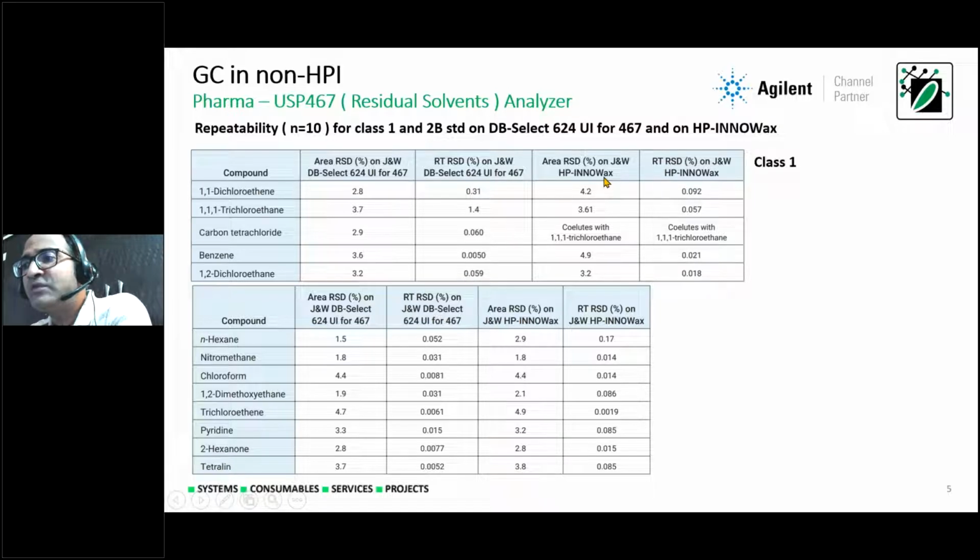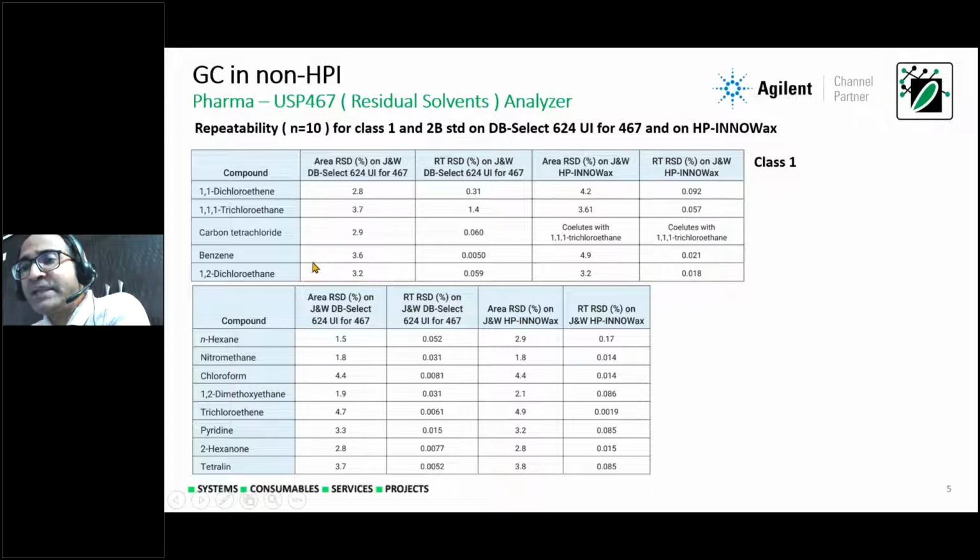Going from the 624 to the Innowax column, once again we have very good area relative standard deviations, and these are far less than what is allowed in the original USP 467. So we don't really have to worry about the relative standard deviation numbers here for the area. If you see the retention time relative standard deviations, once again they are very tight.